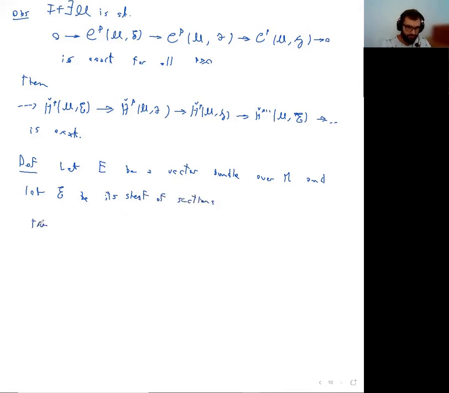Then we define what is called cohomology with values in E as simply the Čech cohomology of this sheaf.